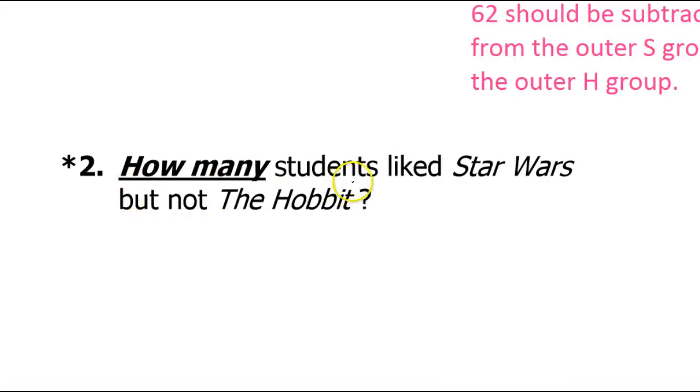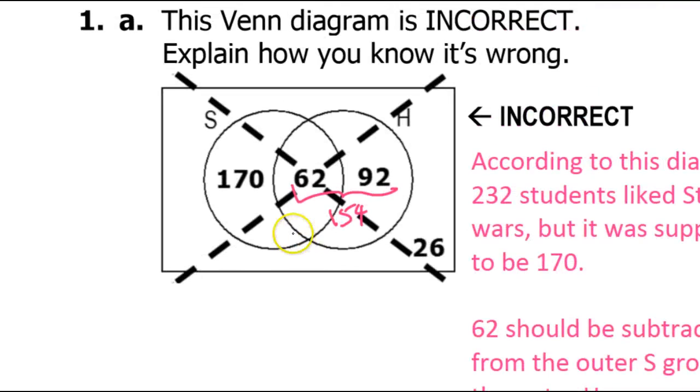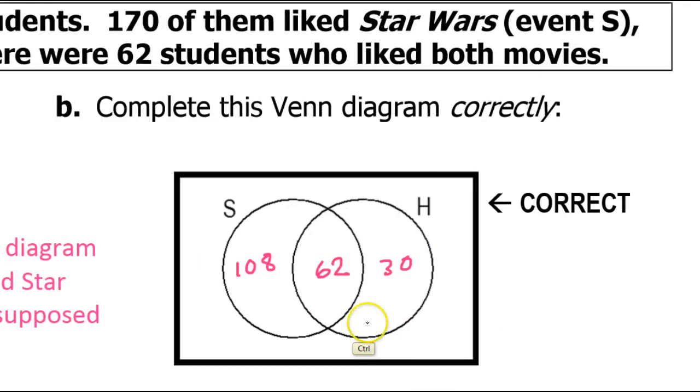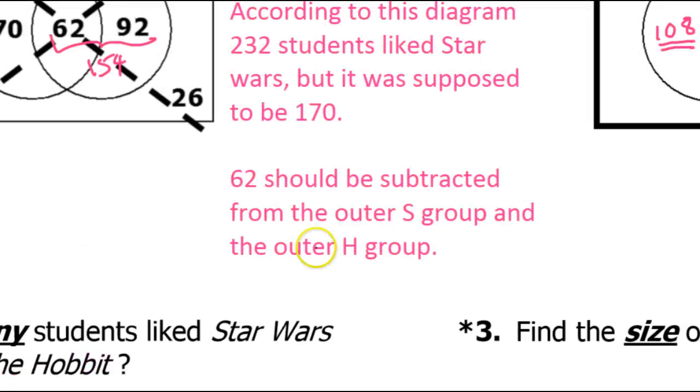Problem number 2, how many students like Star Wars but not The Hobbit? Okay, looking at our correct diagram, this 108 represents the number of students who like Star Wars but not The Hobbit.